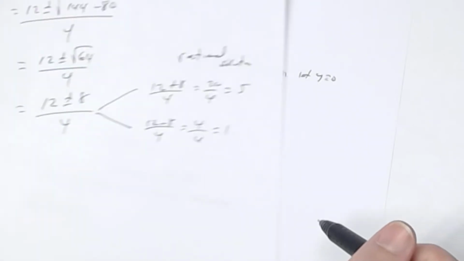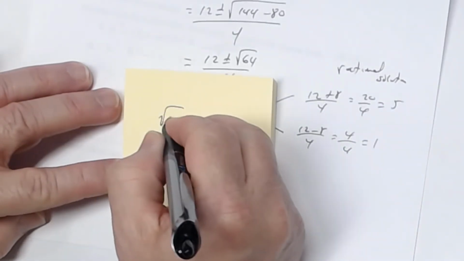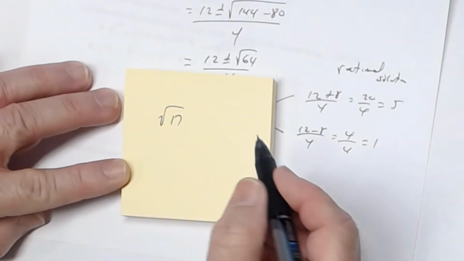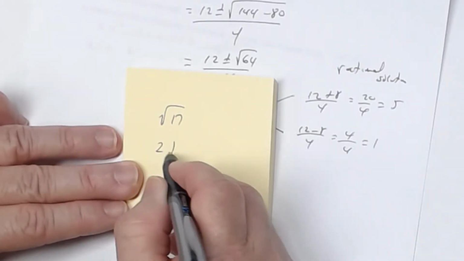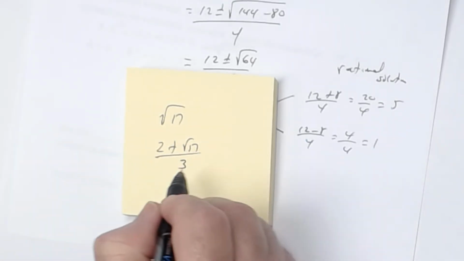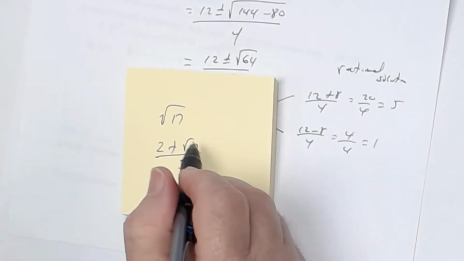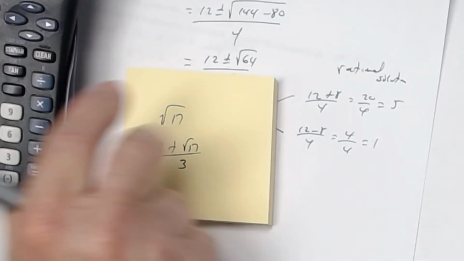Because 5 is 5, right? 1 is 1. What I mean by that is if this had been the square root of, let's say, 17, then I would have needed to use a calculator. I would have had something like, let's say, 2 plus the square root of 17, I'm making this up, over 3. We did this in class, so remember, if you do end up with an irrational number, then remember how to do that on your calculator.